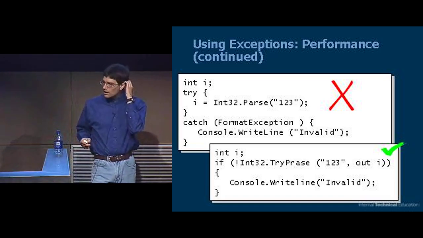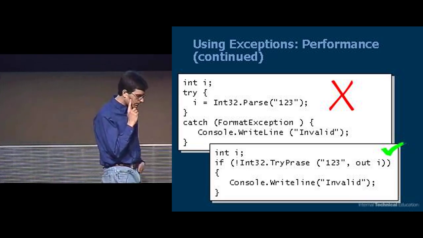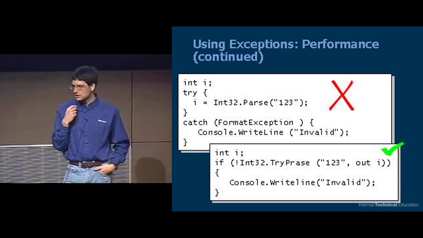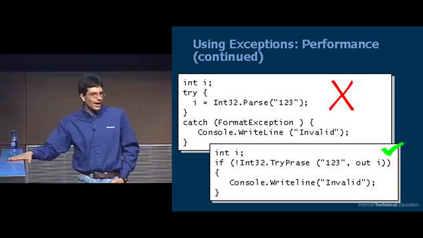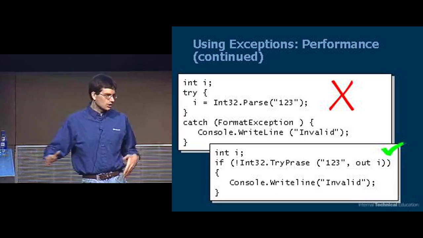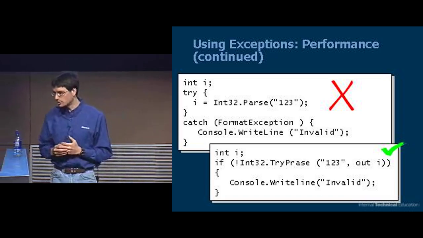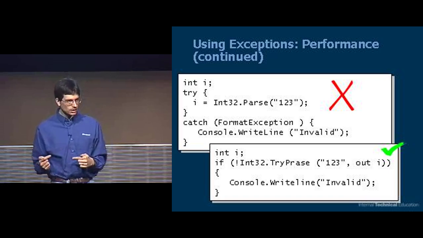Okay, so some more on this concept of providing a success code path. This is one that I had some personal experience with. Just like the URI example, we didn't really have a way to validate whether a string was actually a valid number. I mean, we had this parse method, but if it failed, it threw an exception.